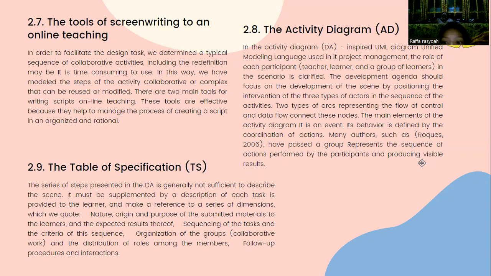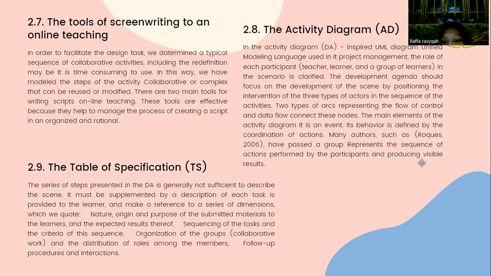The diagram should focus on the students by positioning the intervention of the three types of actor in the sequence of the activities. The arcs representing the flow of control and data flow connect these nodes.